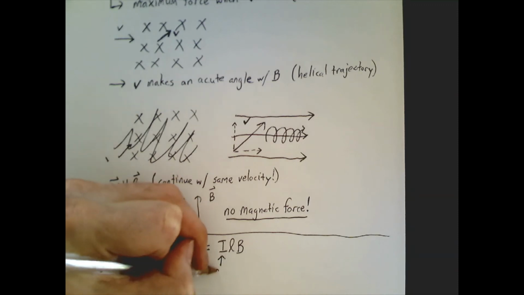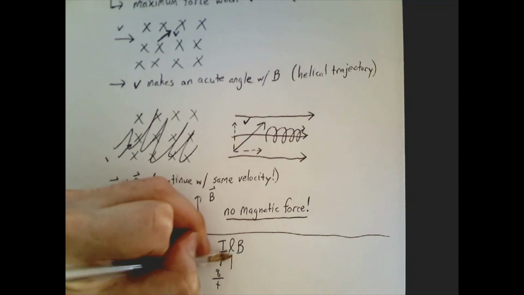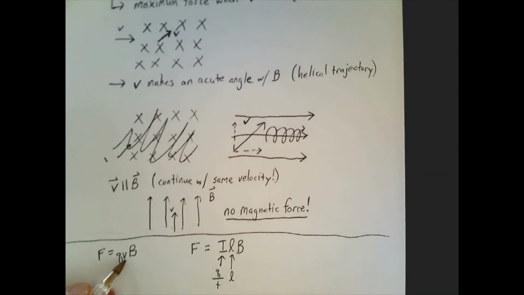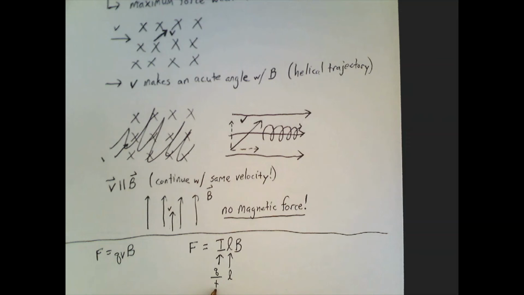This has units of charge per time. This length here is sort of the length of the wire that is exposed to the magnetic field, and B is still just the magnetic field. This L here gives us a unit of length that is present in the velocity here. So we kind of just swapped where this time unit is going to be. This time unit is with the current for a wire, but with the charge, it's for the charge's velocity.